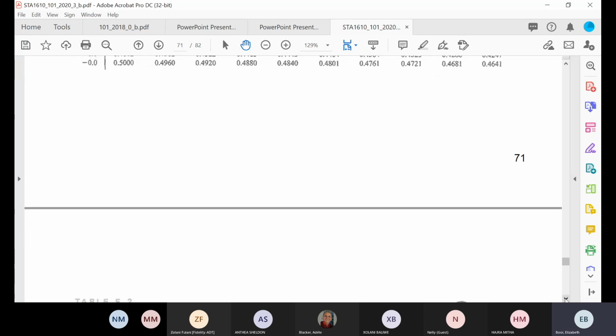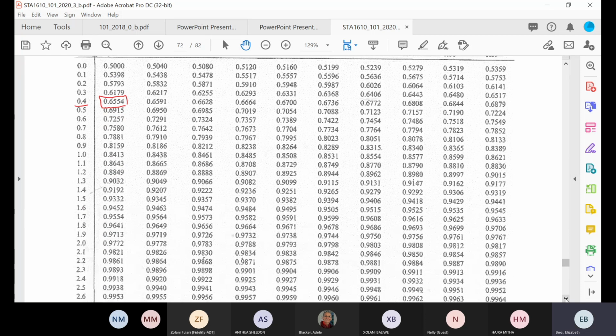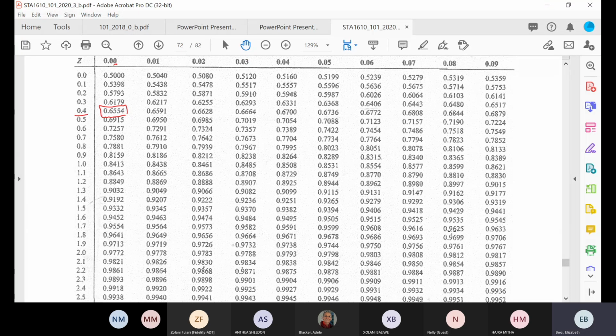So we go to the positive side, and we're looking for 2.00. Therefore, the first two digits we find on the side, and the last digit we find at the top. And the probability is 0.9772.